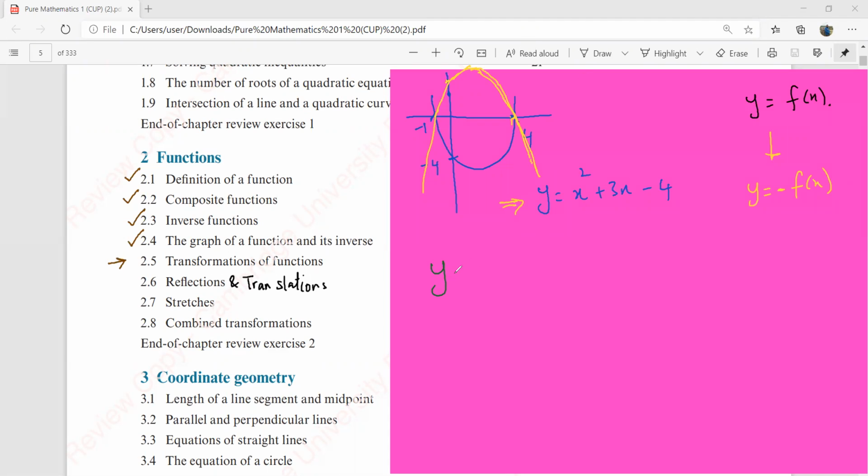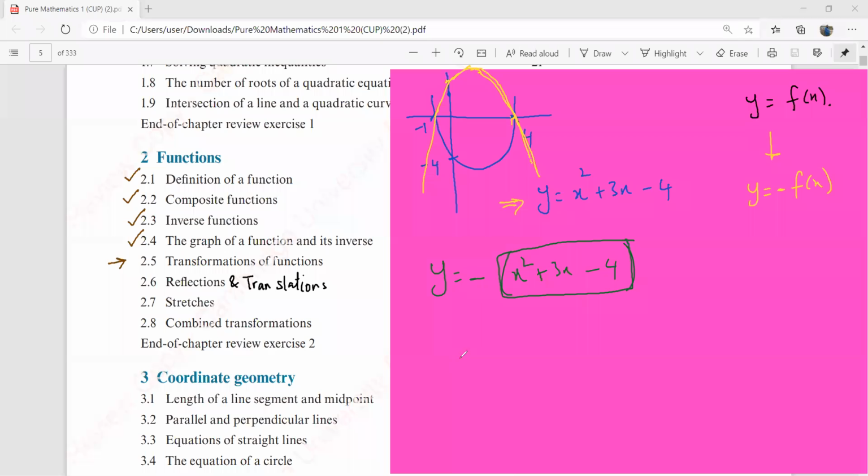The equation for the yellow curve would be y equal to minus into x squared plus 3x minus 4. Because all the y coordinates are now going to change their sign. So this is basically representing your y. So you have to put a minus with all of this.